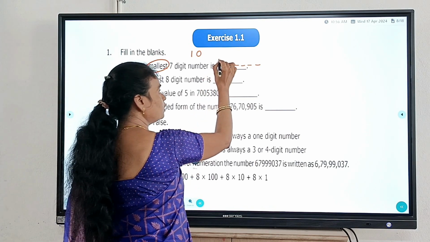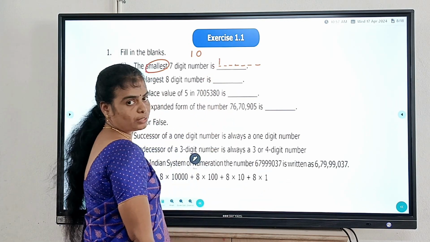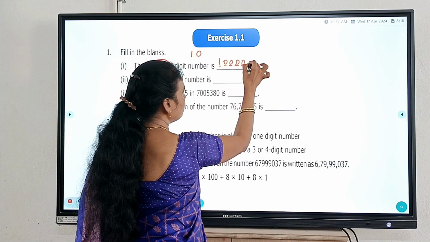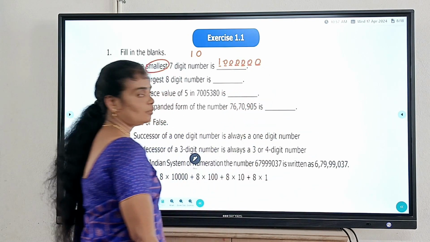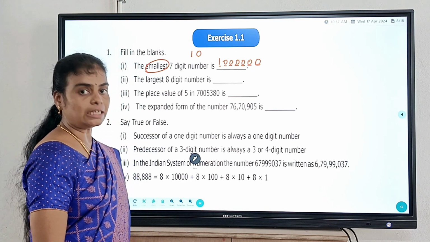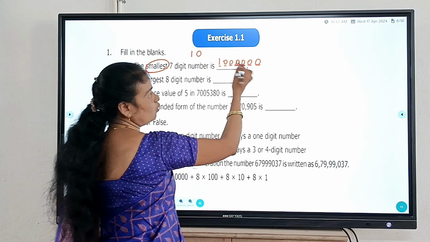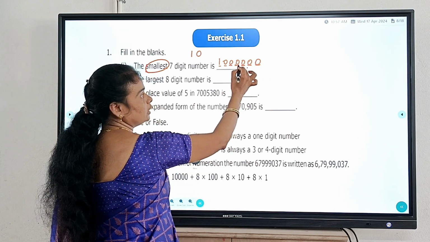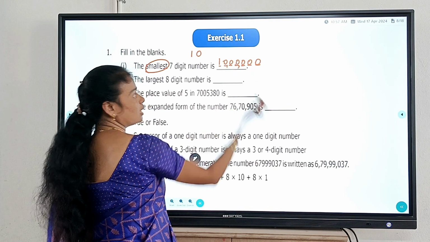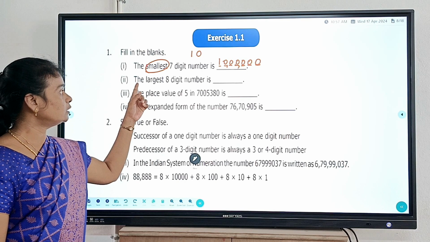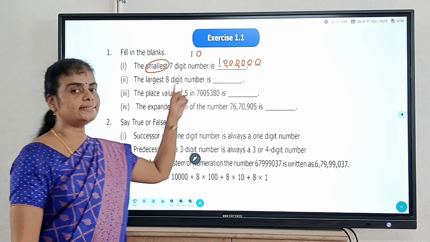So if it is smallest, you will place 1 in the first digit and all the rest of the digits should be filled with 0. And after writing that, you have to put the commas as per the Indian system. So how do you put commas in the Indian system? It is 1, 2, 3, comma, 1, 2, comma, and that's your answer.